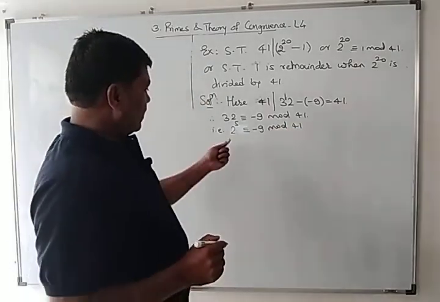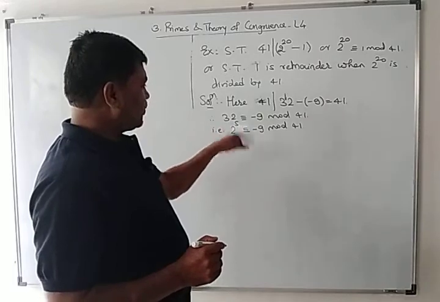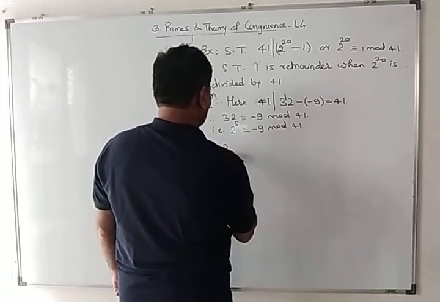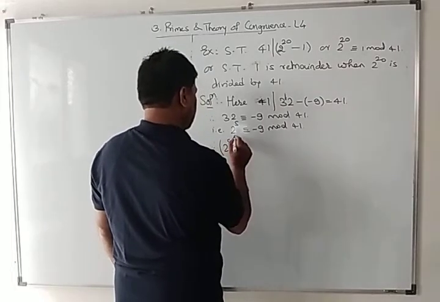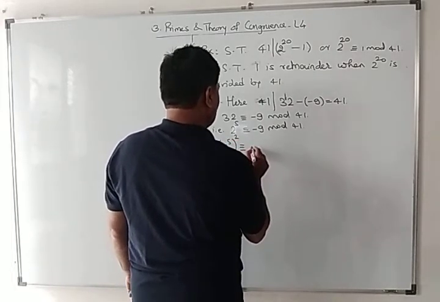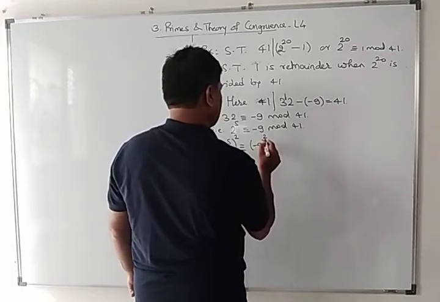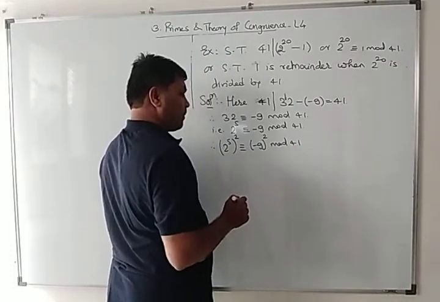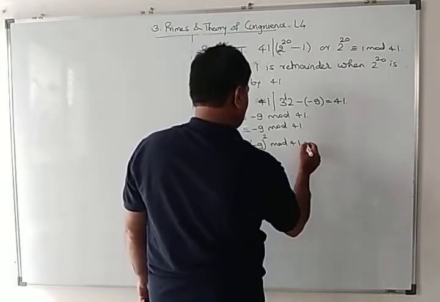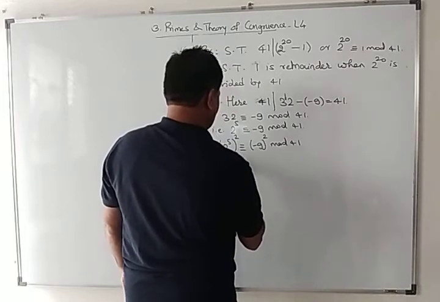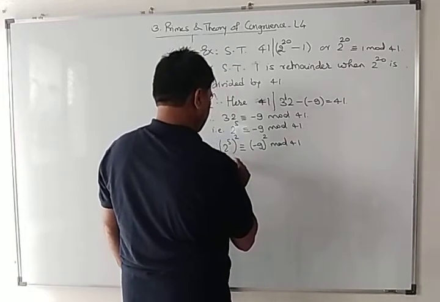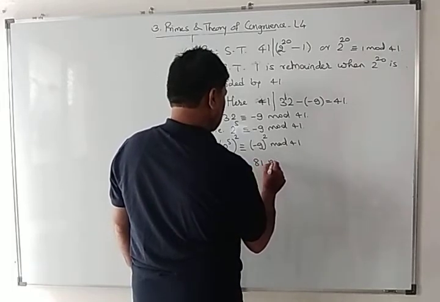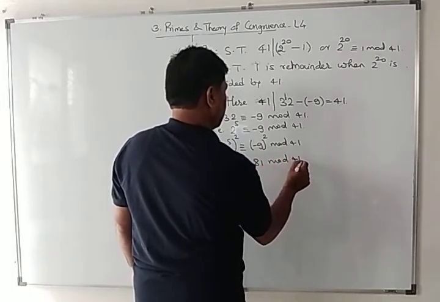Now if I take its square, 2 raised to 5 squared is congruent to minus 9 squared modulo 41, which is nothing but 2 raised to 10 is congruent to 81 modulo 41.